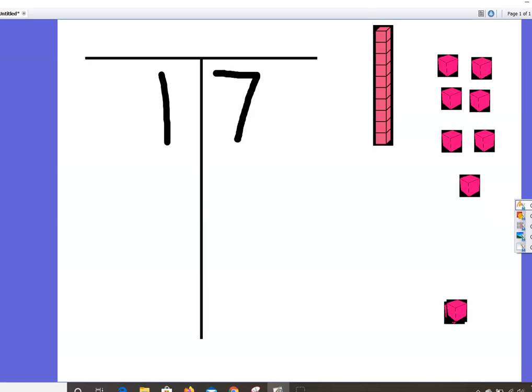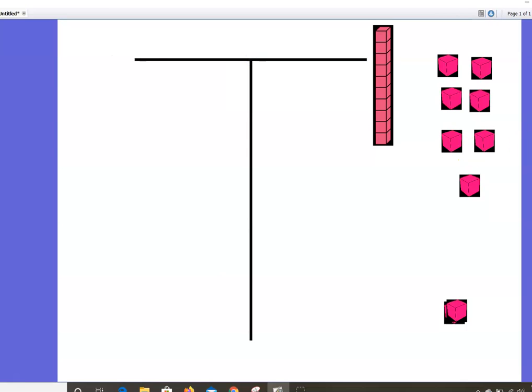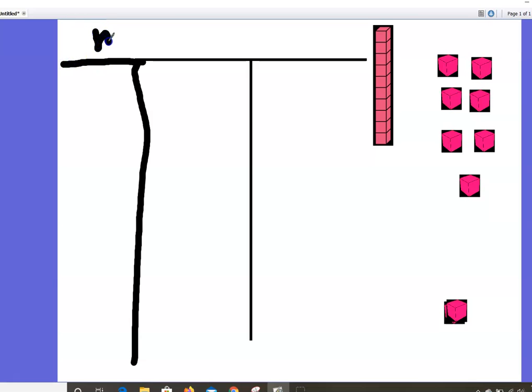Okay, so with hundreds plus facts, we're going to do the same thing, except obviously our eye chart is going to get a little bit bigger. So let's scoot this over, make our eye chart a little bit bigger so we have a hundreds place. Okay, so now we've got hundreds, tens, and ones.